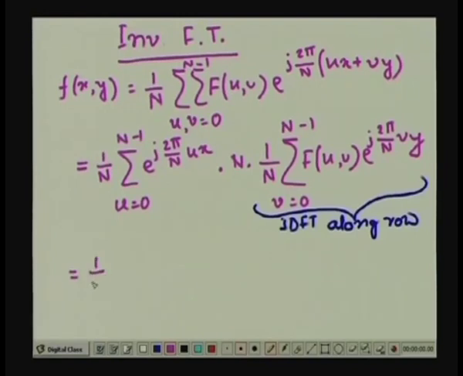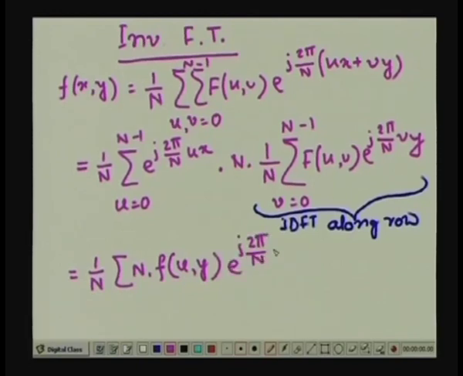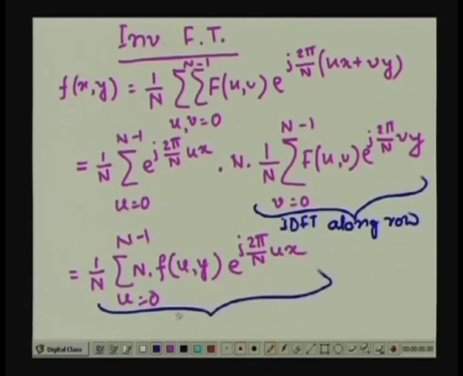this will be 1 upon capital N summation n times f u y into e to the power j 2 pi upon capital N u x, where u varies from 0 to capital N minus 1. This particular expression is the inverse discrete Fourier transformation along columns.